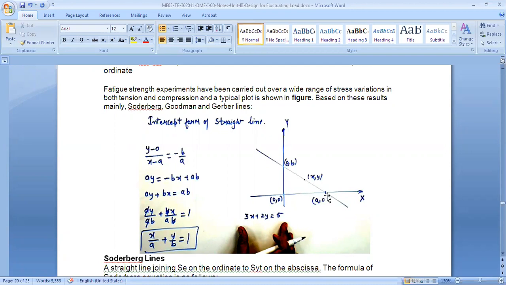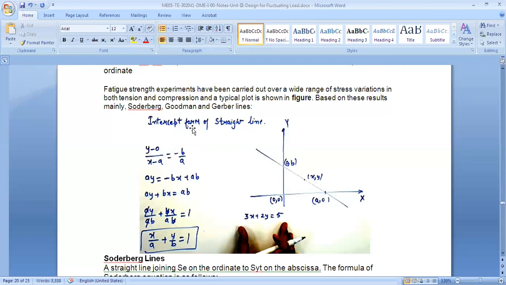If it intersects the x-axis at point a comma 0, that means its x coordinate is a and y coordinate is 0, because obviously it is on the x-axis. Similarly, where it intersects the y-axis, x will be 0 and y will be b. So the intersection with x is a, and the intersection with y is b.